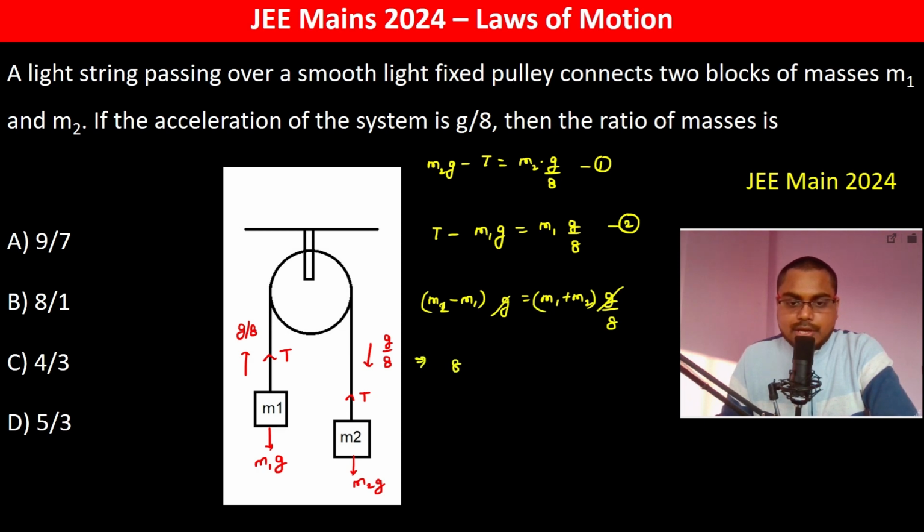So therefore 8m2 minus 8m1 is equal to m1 plus m2.